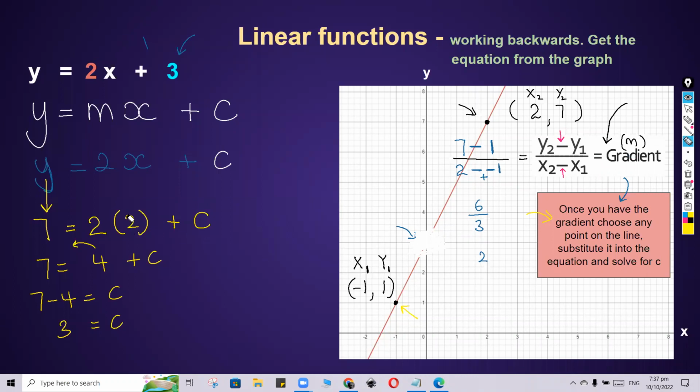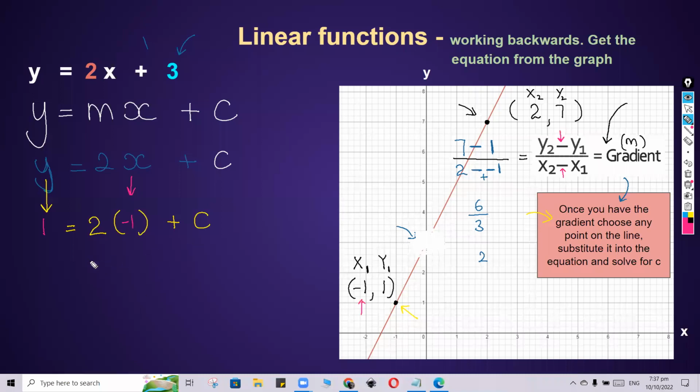So let's go back to the drawing board here. Let's choose this point underneath here now, the -1 and 1. According to this point, we're pretending y is 1. So this time we are replacing y with 1. The gradient is 2. And now we are pretending x is -1. So -1.